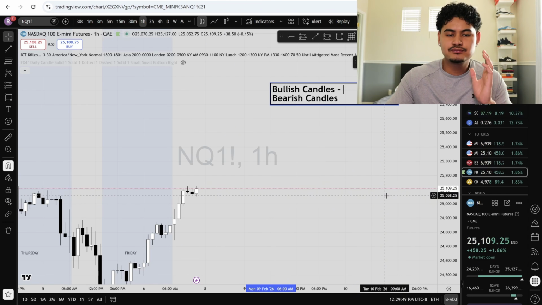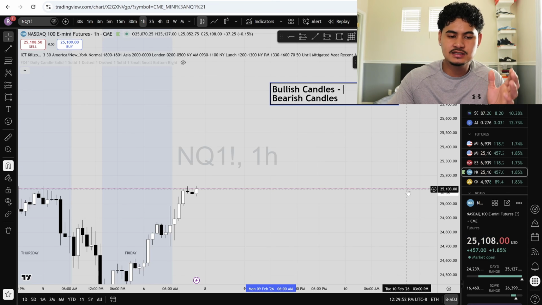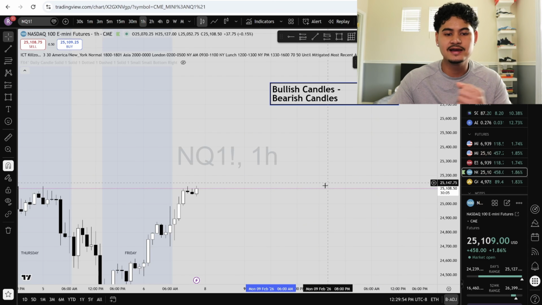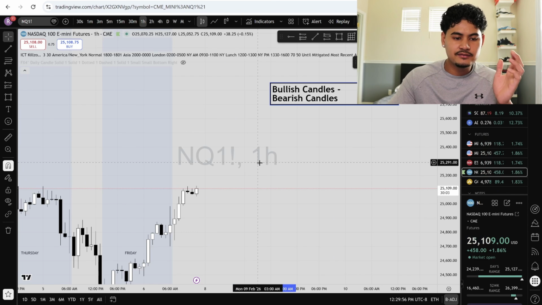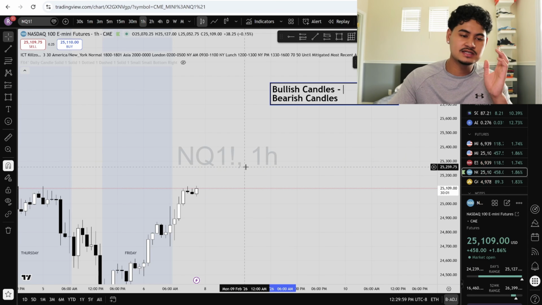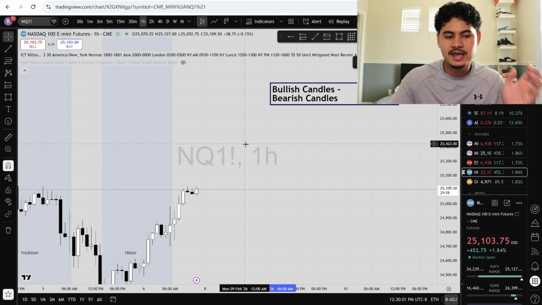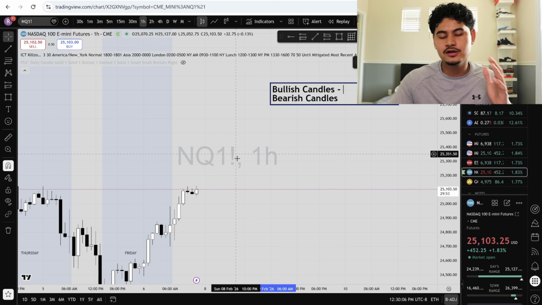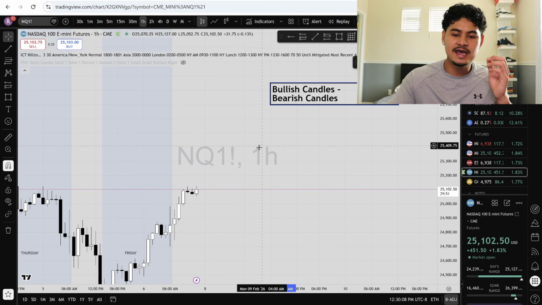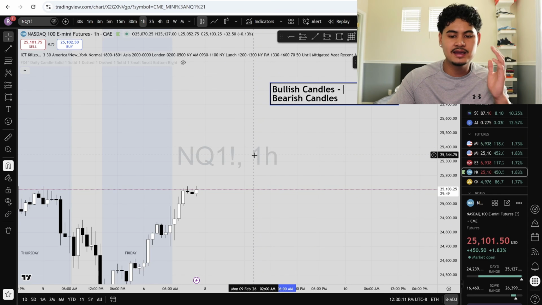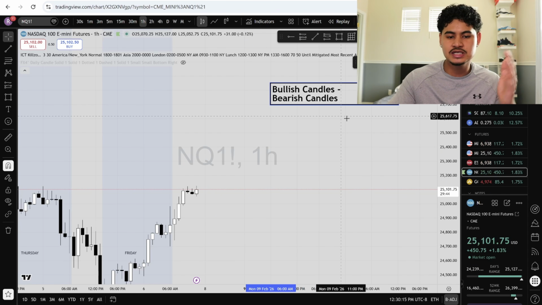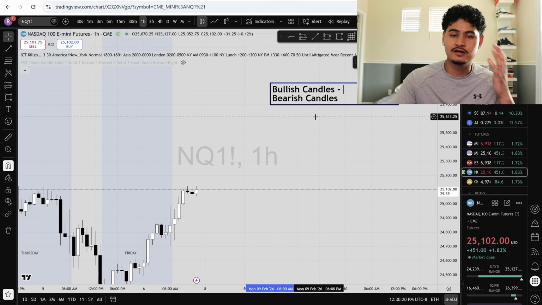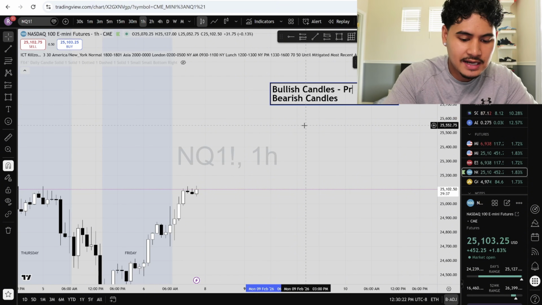Say price opened at $25,000 flat, and then it went up within a certain time frame. We're on a 1 minute time frame, and after that 1 minute, price closed higher than that starting price point, say at 25,105. That is higher than the original price point, so that would be a bullish candle, because price went higher than what it originally started at. So price goes up.